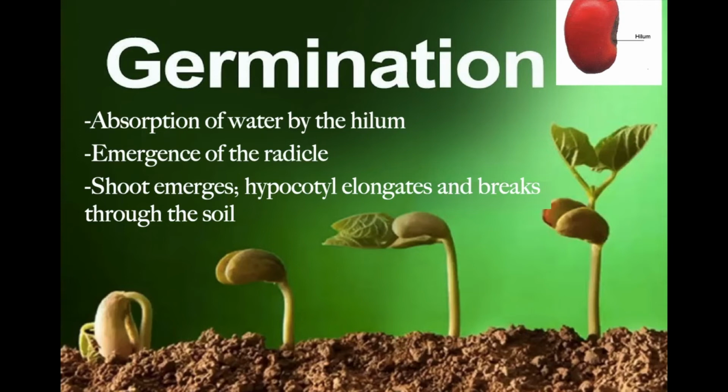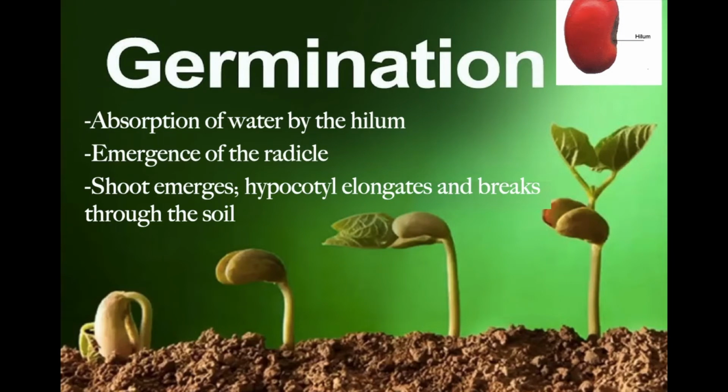Then you have the first leaves coming out amongst the cotyledon, and then the cotyledon kind of stays in the middle as the first leaves in the upper portion, the plumule and the epicotyl, start rising above the cotyledon. Now the cotyledon is in the middle, while the hypocotyl in this instance is below the cotyledon.